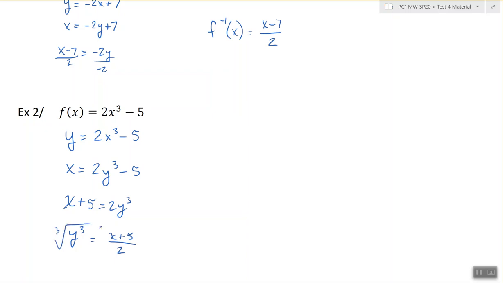Take a cube root to get the y completely by itself. And don't worry about rationalizing a denominator. We're going to replace the y with f inverse so that we've clearly labeled what the inverse function is.